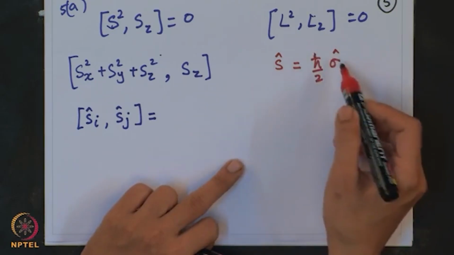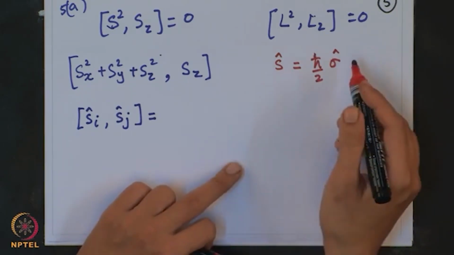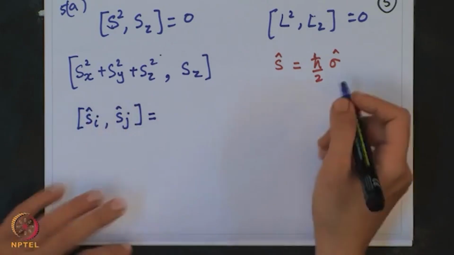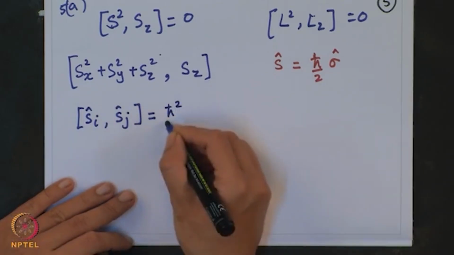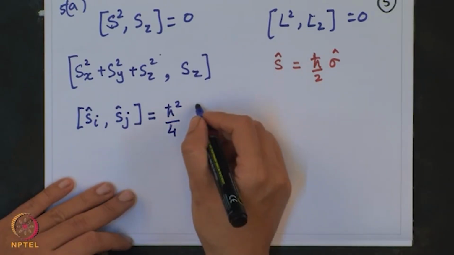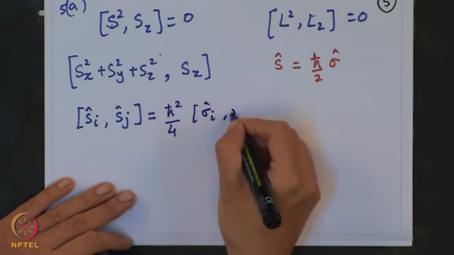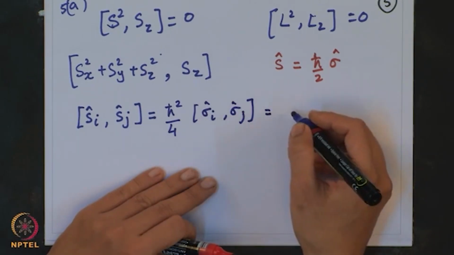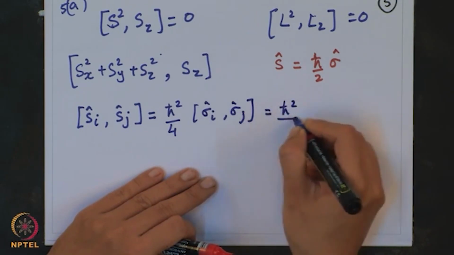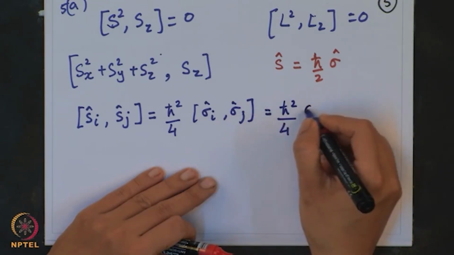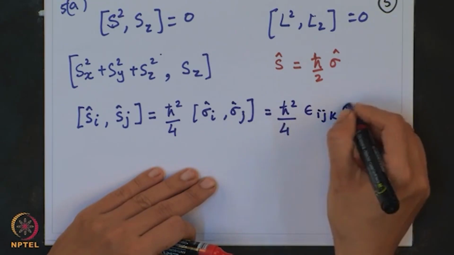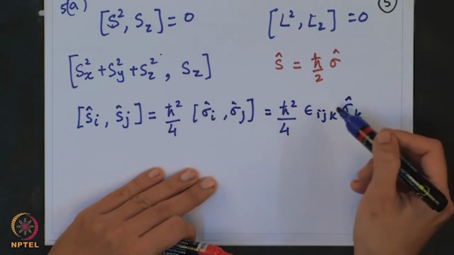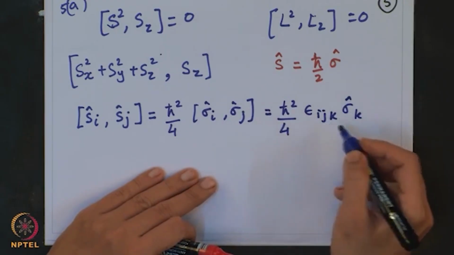So, in terms of Pauli matrices, you know the commutator of sigma i, sigma j, which we discussed last time. So, this will be h cross square by 4, correct, times the commutator of sigma i, sigma j. And what is the commutator of sigma i, sigma j? If I write in terms of epsilon ijk sigma k. Okay. So, when i and j are equal, this will be 0. You all know this tensorial notation.